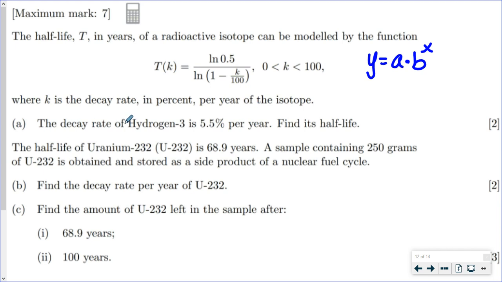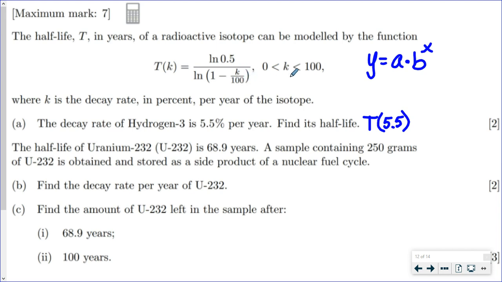The decay rate of hydrogen-3 is 5.5% per year. Find its half-life. So all we have to do is put T of 5.5. We leave it 5.5 because it says K over 100.